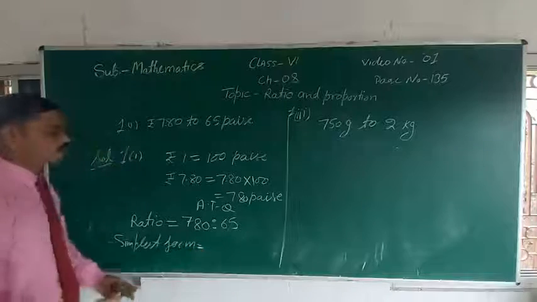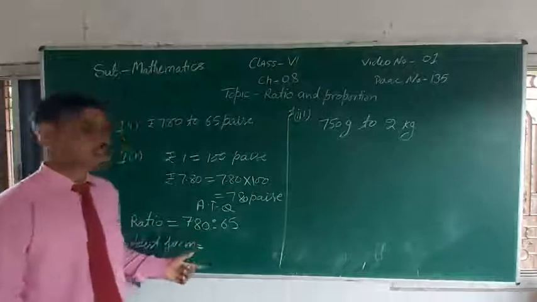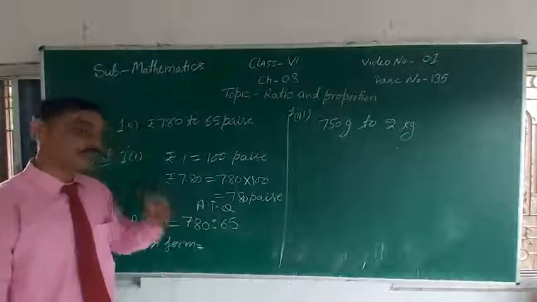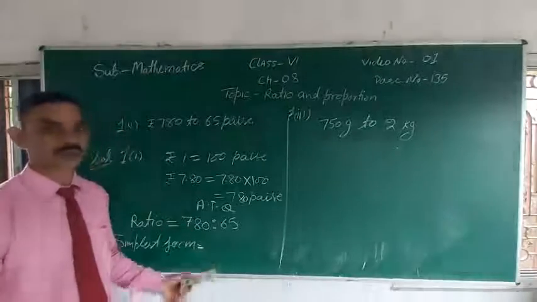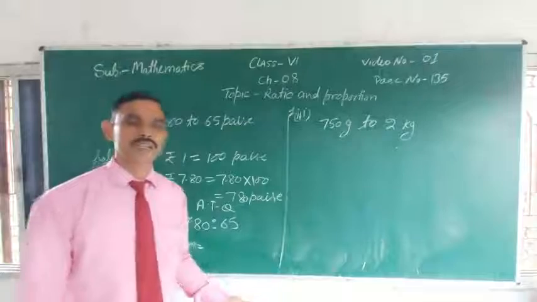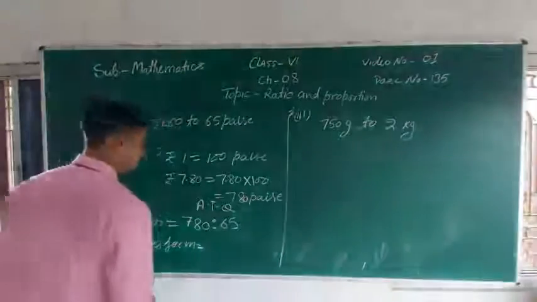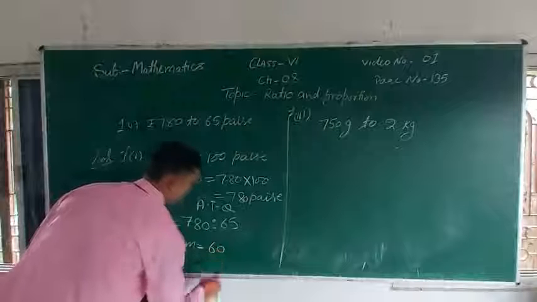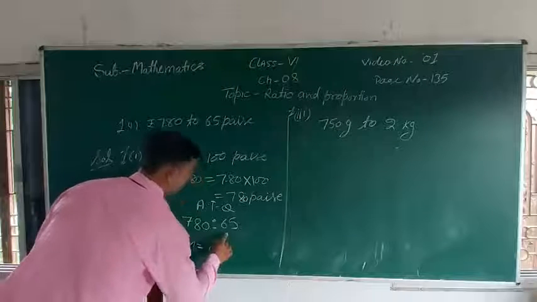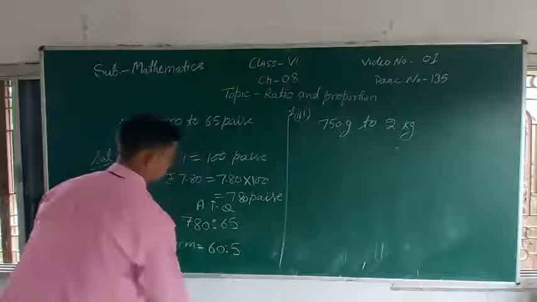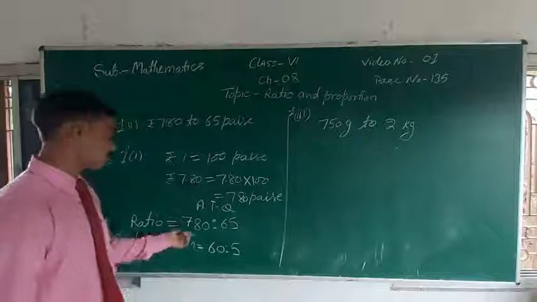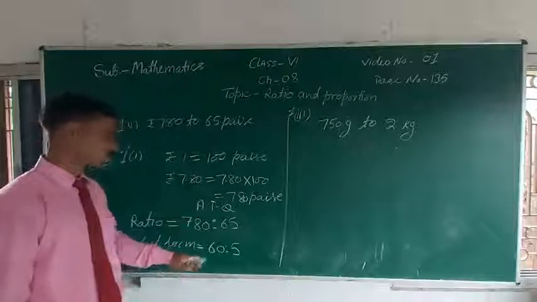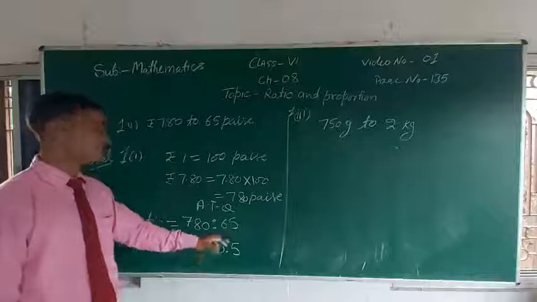As their HCF is not 1, we have to divide. 13 is the HCF of both, so we divide by 13. 13 times 6 is 78, 0 as it is; 13 times 5 is 65.